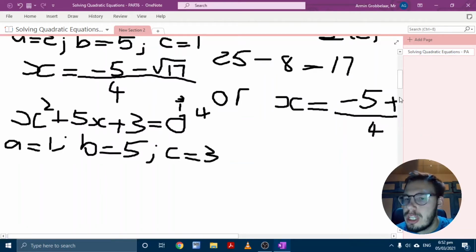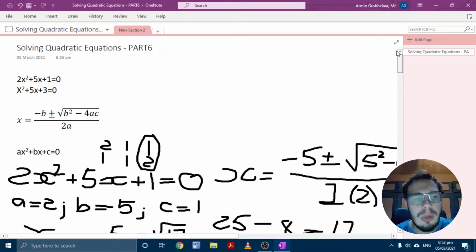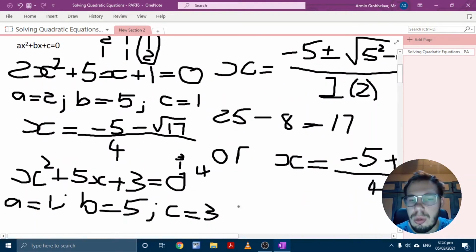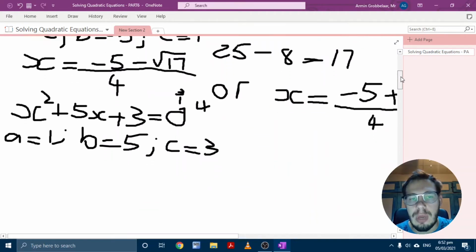Now I would suggest knowing the formula off by heart, because it will save you much time to just work it out than to turn to the formula page to see what the formula is.